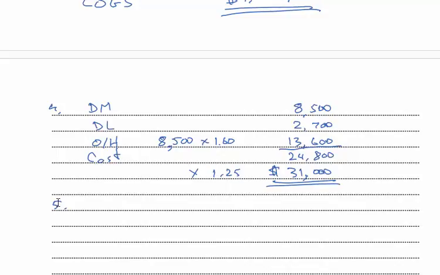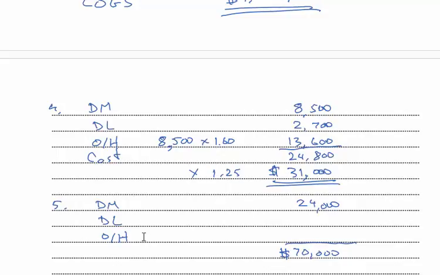All right, number 5. Direct materials made up 24,000 of the 70,000 ending work in process inventory balance. Supply the information missing below. Okay, so we've got direct materials 24,000. Direct labor we don't know. Overhead we don't know, but the total is $70,000.